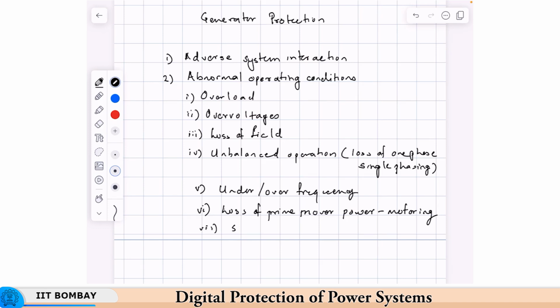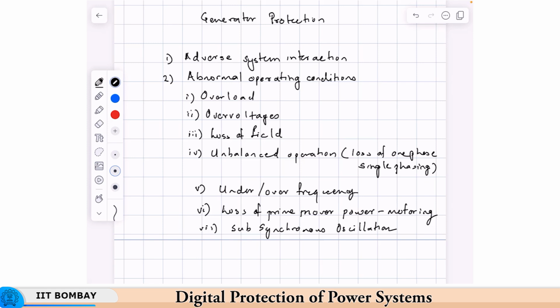Then we have, this could of course come under adverse system interaction also, the subsynchronous oscillations. The issue here is that for subsynchronous oscillations the relays are strictly not what we have studied so far.